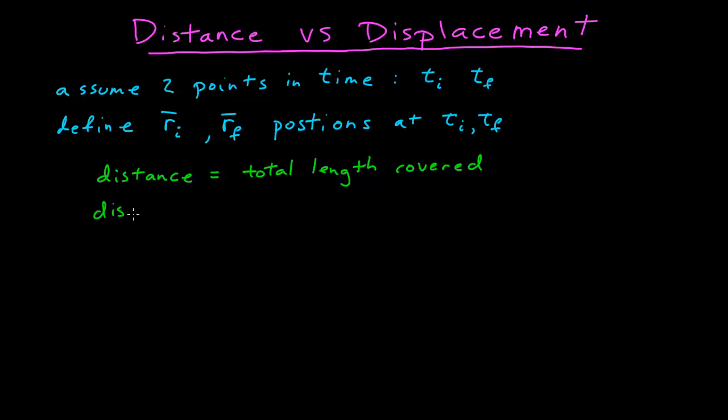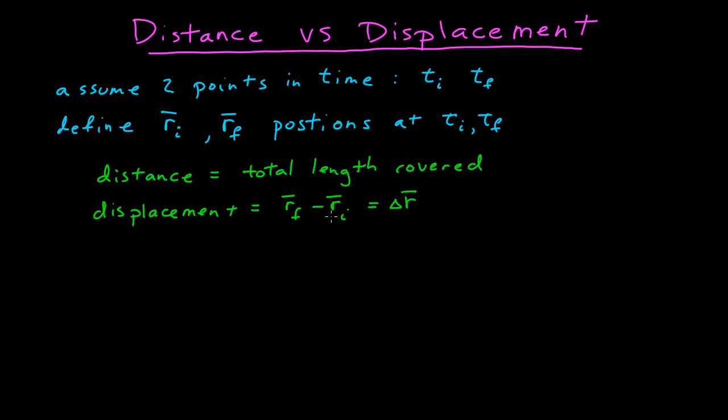The displacement is simply the difference between the two position vectors. And as before, we represented displacement as delta r, the difference between these two vectors.